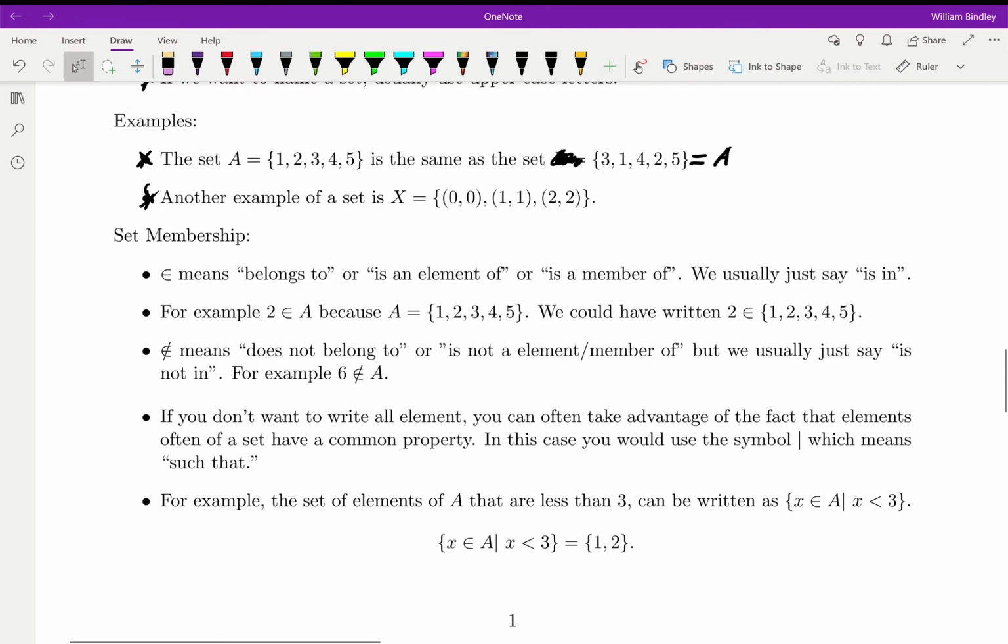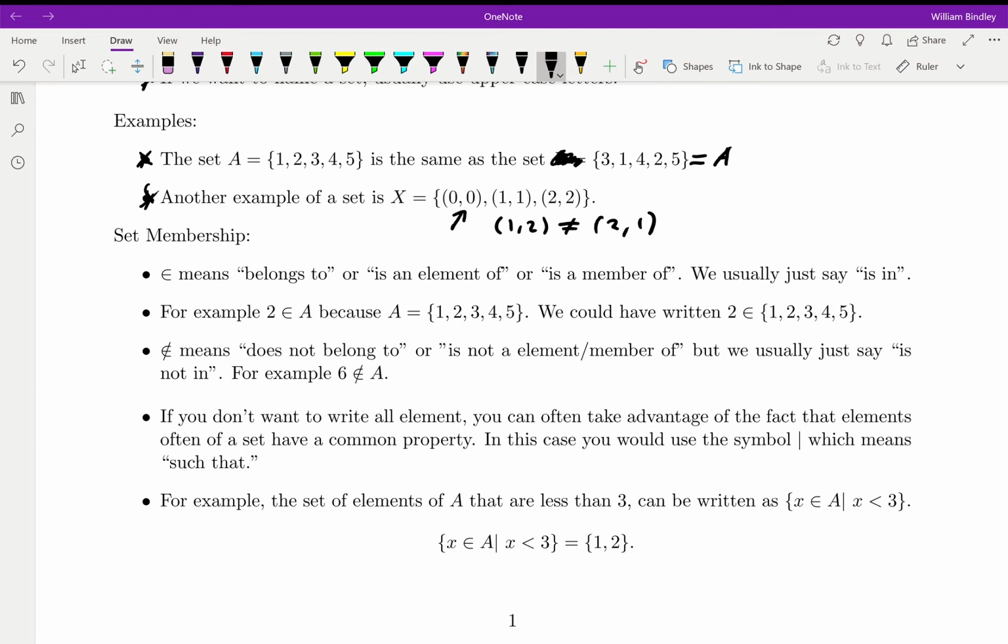Notice here with this set X that the order in which those elements appear does not matter because it's a set, but for these objects, which are ordered pairs, order certainly matters. For example, the coordinate (1, 2) is not the same thing as the coordinate (2, 1). These points would have different locations in the XY plane.